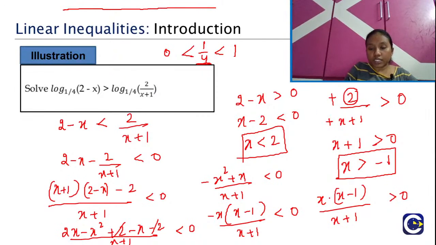So here, what are the critical points? 0, and then 1, and then minus 1. So what are the previous critical points? That is 2 here and then minus 1 here. So 2 also will be added. So I am just taking the final intersection so that we can get the final answer. So for the first, x will be less than 2. That means less than 2.